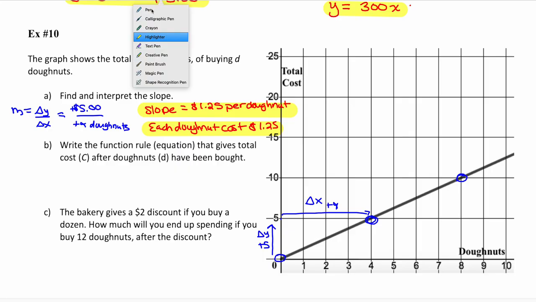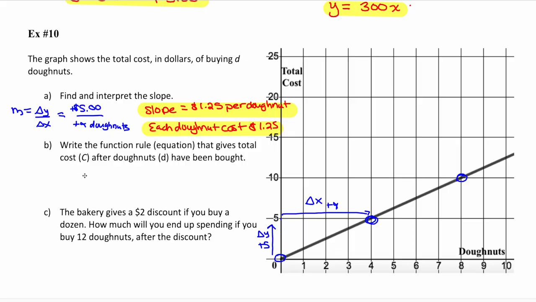Next, it asks us to write the function rule equation that gives total cost after D donuts have been bought. As a reminder, total cost is your y and donuts is your x. We will be using the correct variables, however. So big C here is our y. y equals mx plus b.